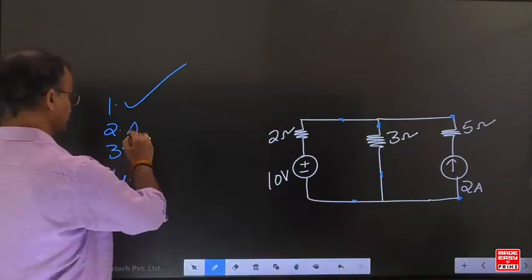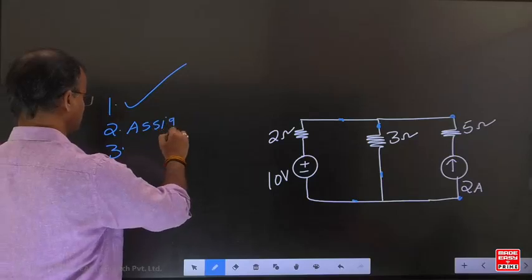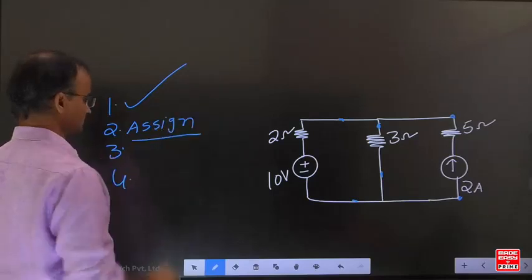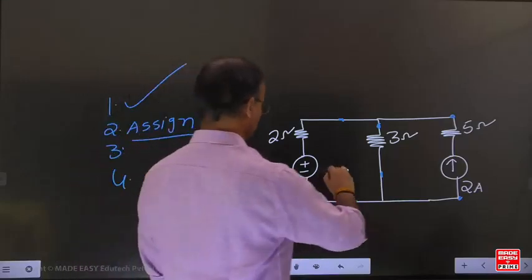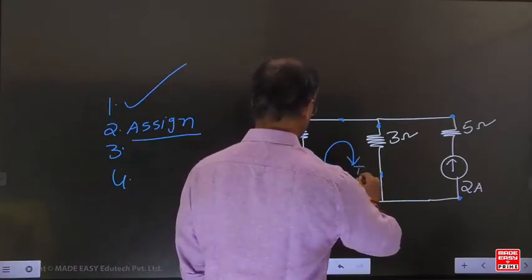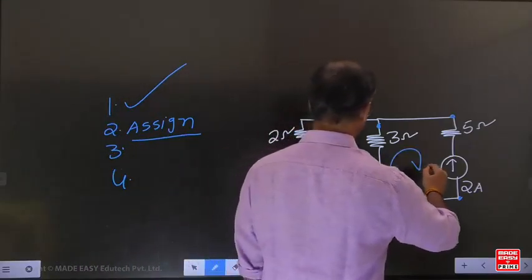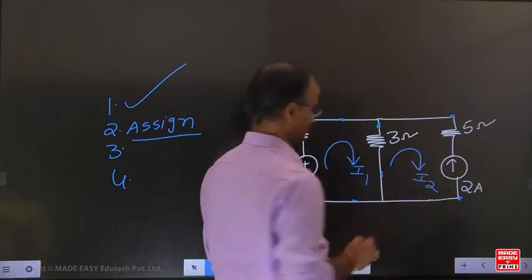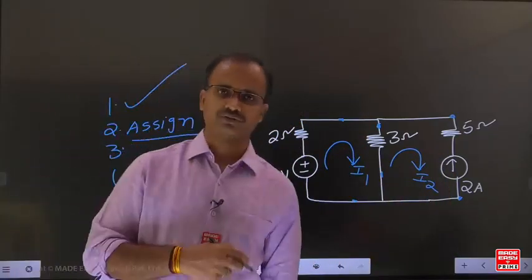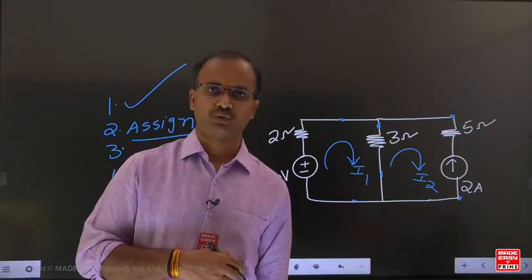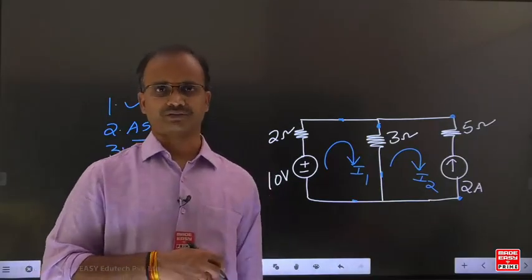Assign the current direction for each mesh. In this example, I am assuming both currents in the clockwise direction. You can go for any direction. Generally, in objective questions, the question itself specifies the current direction.